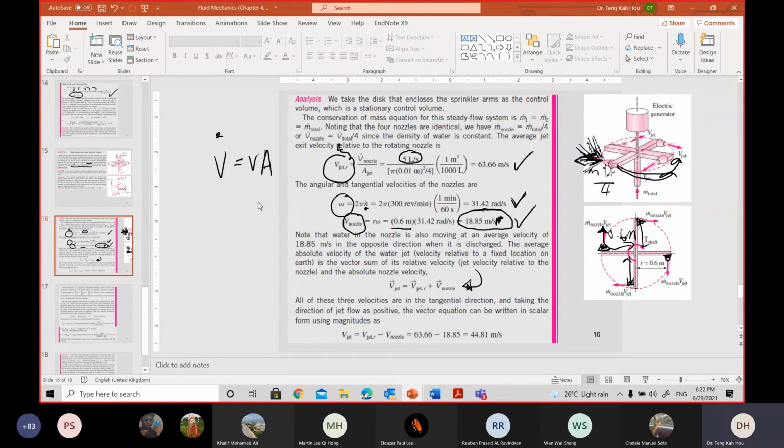When you discharge here, your whole thing will contribute to this rotation. And this is a backwards velocity, that's why you need the negative. And the absolute velocity for the jet is 44.81 meter per second, which is your average for the conditions. Can you get what I mean?